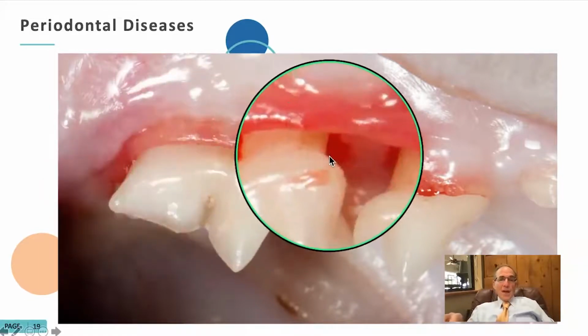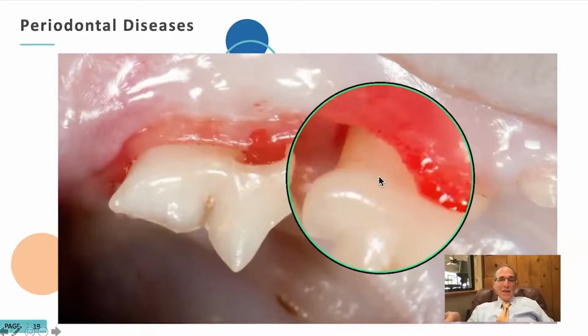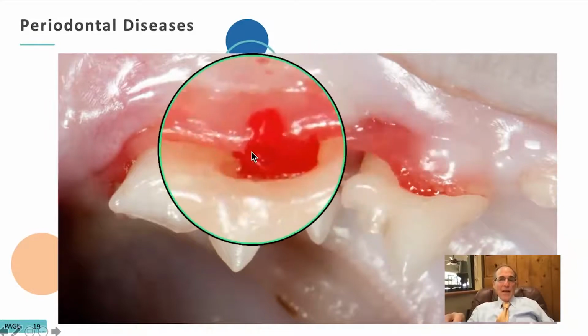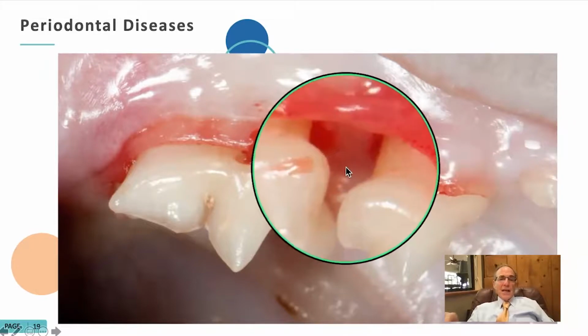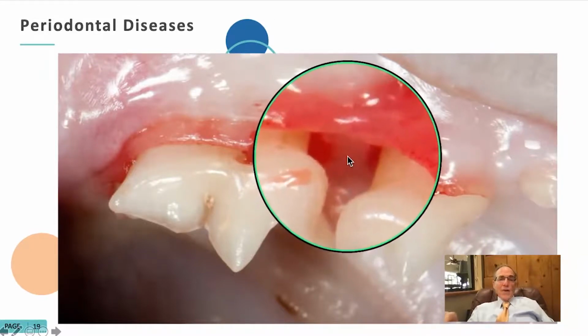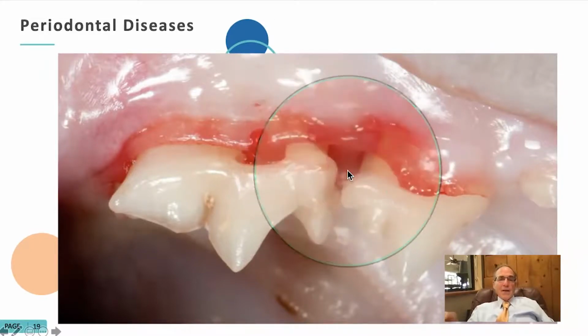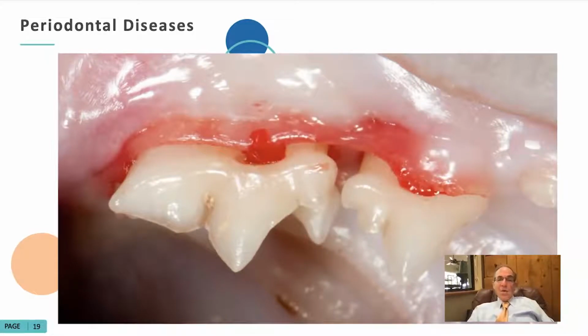And normally, you should not be able to see any roots. This is all advanced periodontal disease. And the problem with leaving this tooth here is that after the teeth are cleaned, where's food going to go? Right in this area. So ideally, both of these teeth need to be extracted because they have advanced periodontal disease.